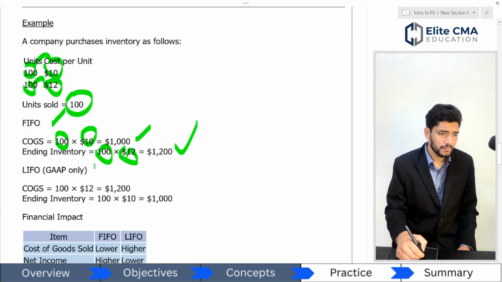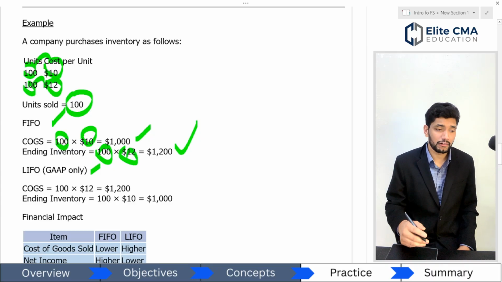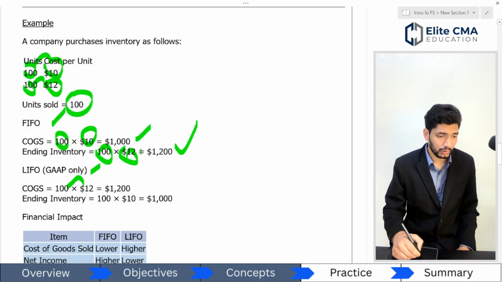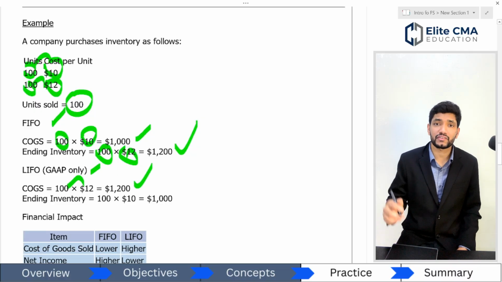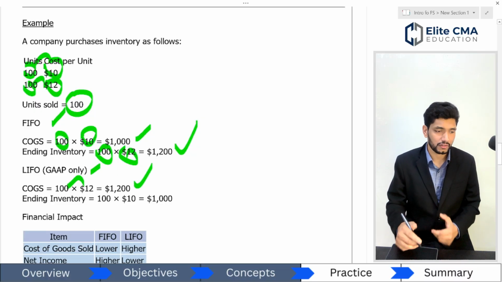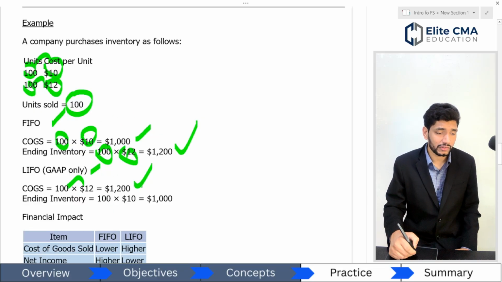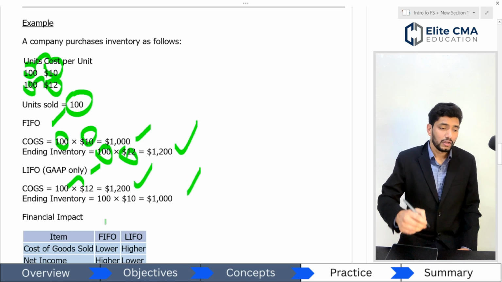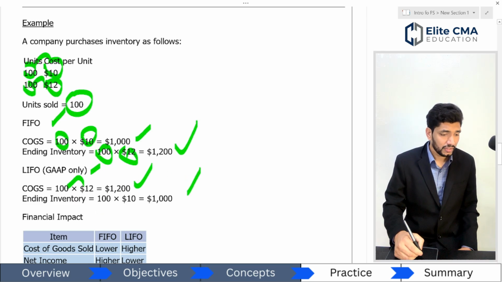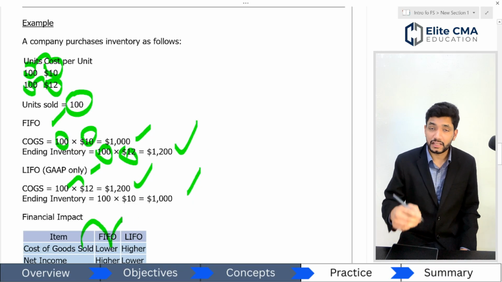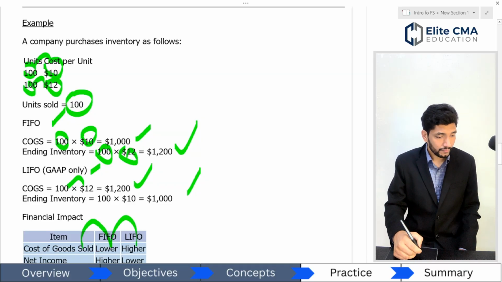In US GAAP, LIFO is also allowed. When it comes to LIFO, in this case, the cost of goods sold will be 1200. That means the last purchased inventory is considered as sold first. And the ending inventory is 100 into 10, that is 1000. So the key financial impact is, in FIFO, cost of goods sold will be lower in an inflationary environment, and in LIFO, the cost of goods sold will be higher in an inflationary environment.